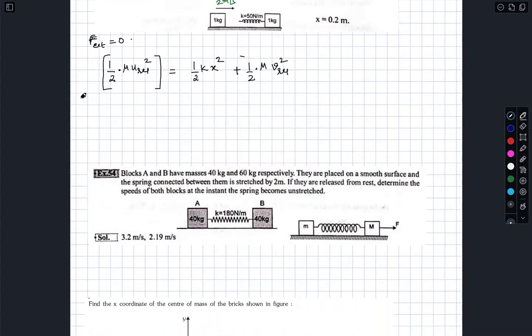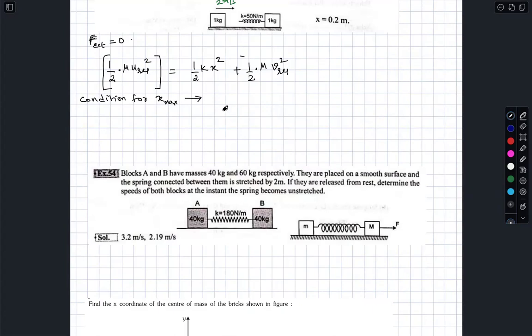What is the condition for x max? Anika, what is the condition for x max? Bhavana, when do you say the spring is compressed at maximum?